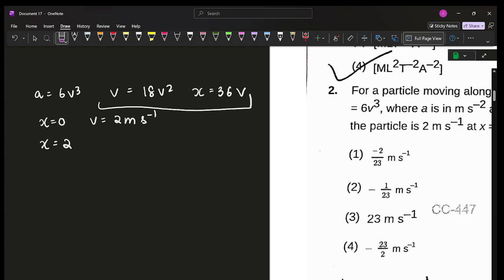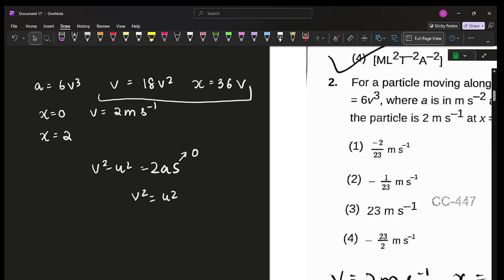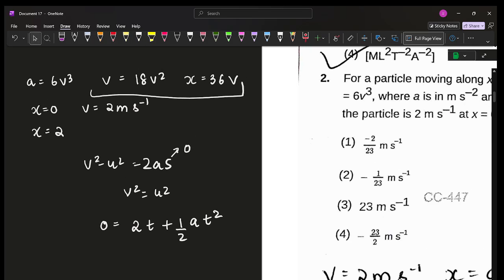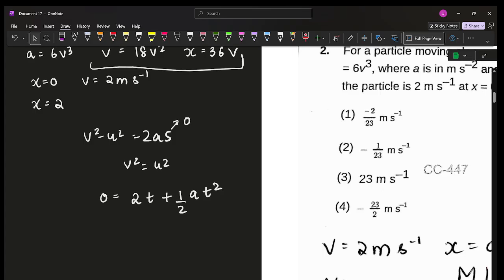And distance is involved. If you consider this itself, when s is 0, v square should be equal to u square. So then if I do s is equal to ut plus half at square, would I be able to do it?